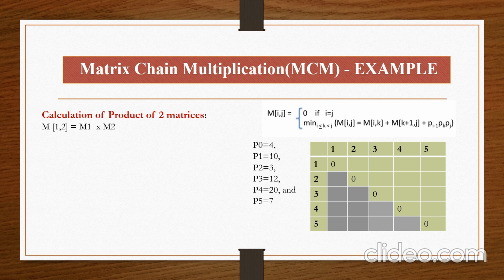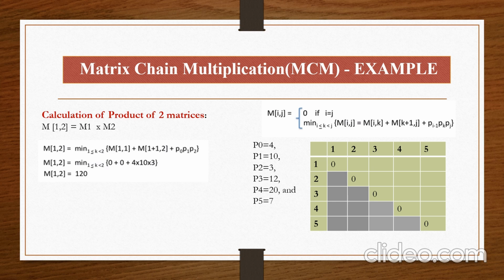Applying this formula you will get m[1,2] is the minimum over 1 ≤ k < 2 of m[i,k] plus m[k+1,j] plus p[i-1]·p[k]·p[j]. Since k takes the value 1 only, m[i,k] is m[1,1], and then m[k+1,j] is m[2,2], where j is already 2. And the positions are p[i-1], p[k] and p[j]: i is 1, so 1 minus 1 is 0, k is 1, so p1, j is 2, so p2.